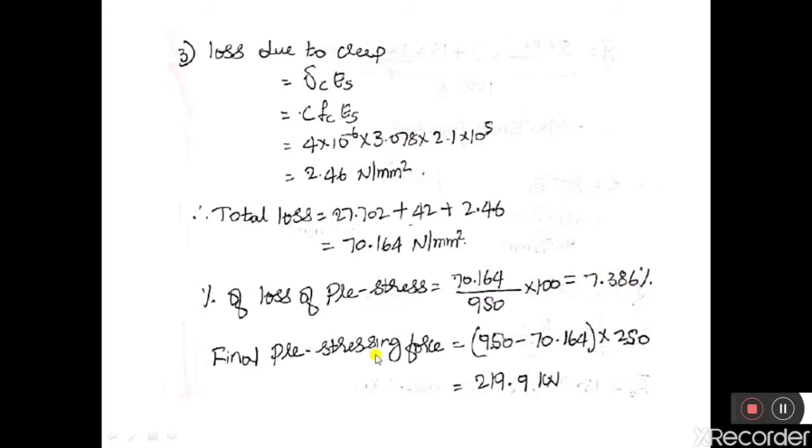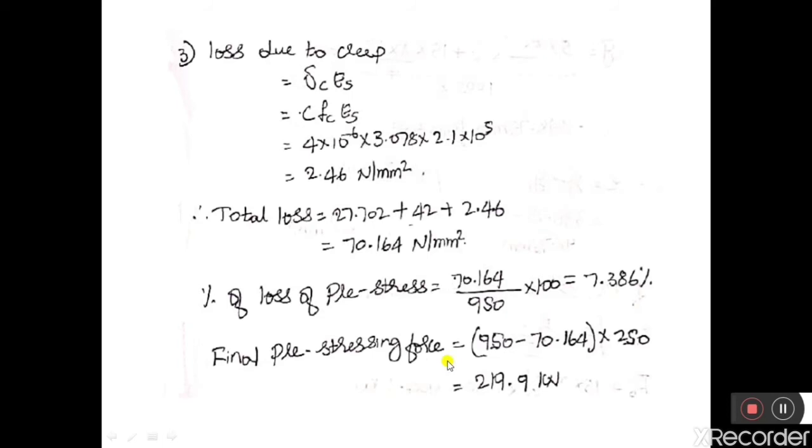So final pre-stressing force is equal to 950 minus 70.16 into 250. So 950 is the initial pre-stress minus 70.16, which is the loss of prestress due to creep, shrinkage and elastic shortening, and 250 is the cross section area.